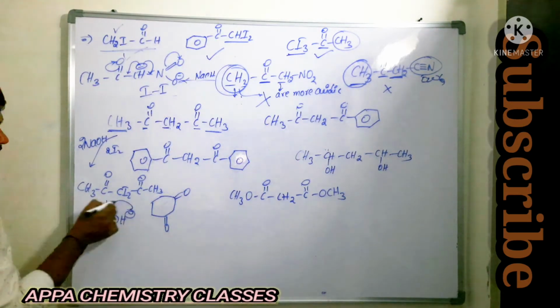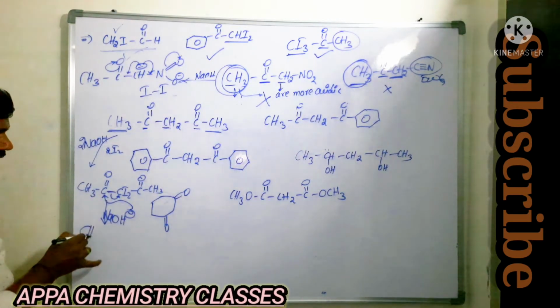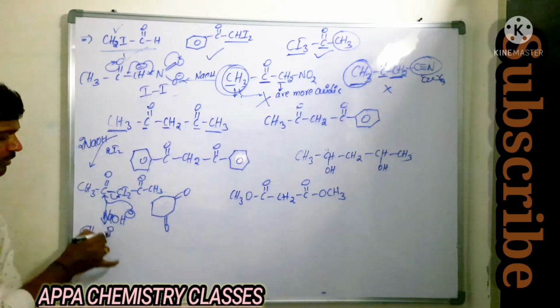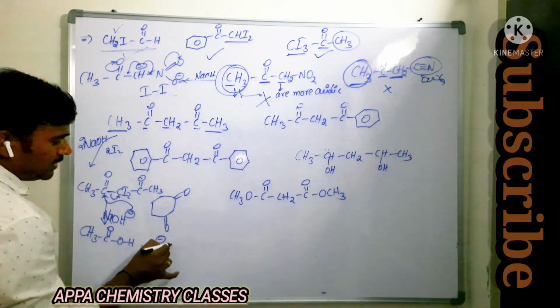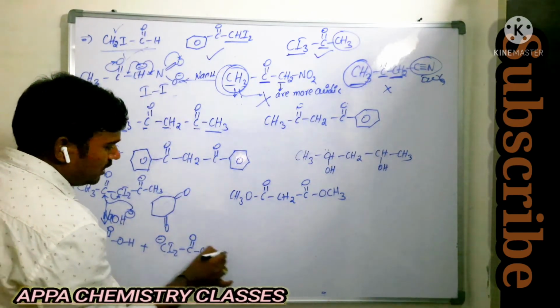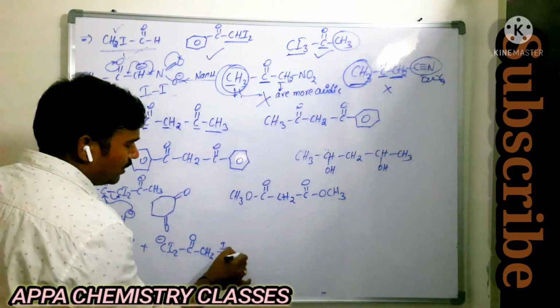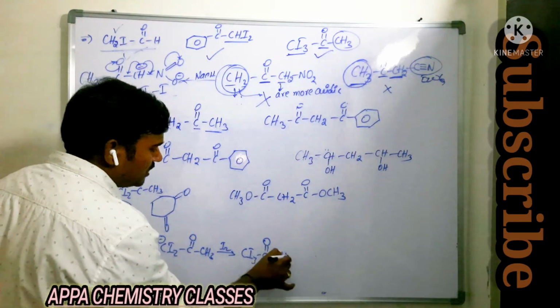This OH minus ion attacks here, and this carbon gets the negative charge. Then we get CH3, C double bond O, OH, along with C minus I2, C double bond O, CH3. On further reaction with iodine, we get CI3, C double bond O, CH3.